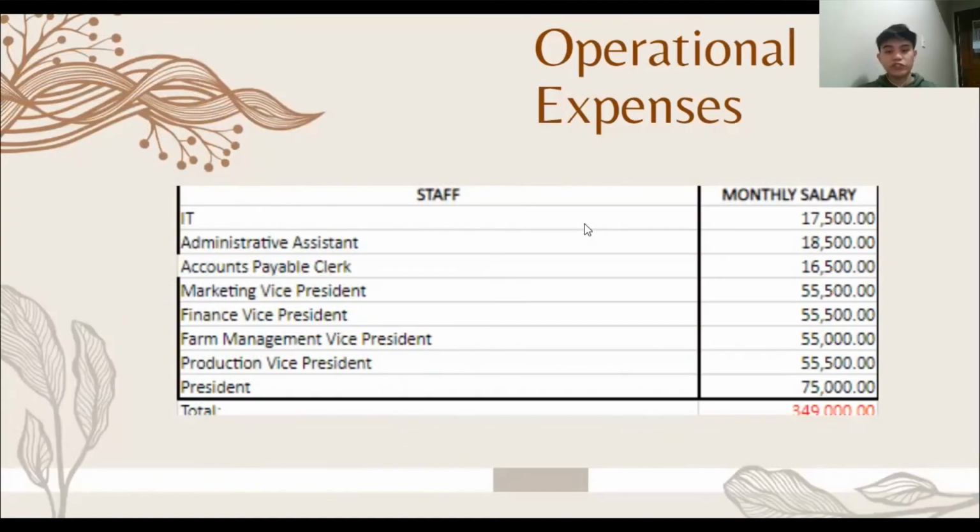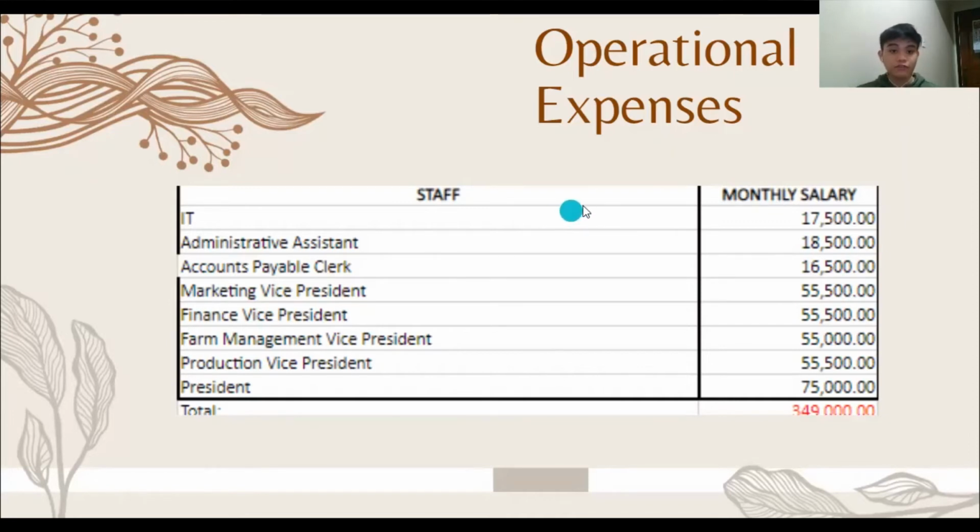So for the operational expenses of our company or group, we'll be giving 70,500 for the IT department, 18,500 to the administrative assistant, 16,500 for the accounts payable clerk, and 55,500 for all the vice presidents. And the president will be receiving 75,000 pesos as a salary, with a total amount of 249,000 pesos.